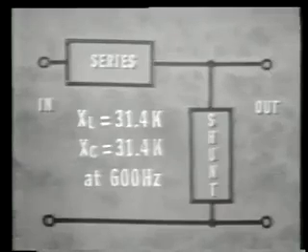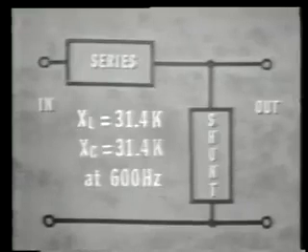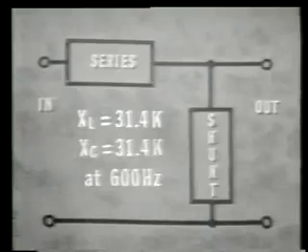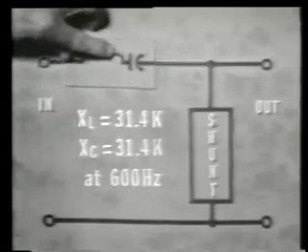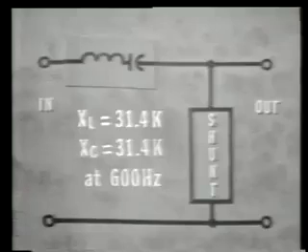Now, individually, neither component, neither the inductor nor the capacitor, can do the job of passing a band of frequencies around 600 hertz. But when we place them together in series, like this, a rather remarkable thing occurs.